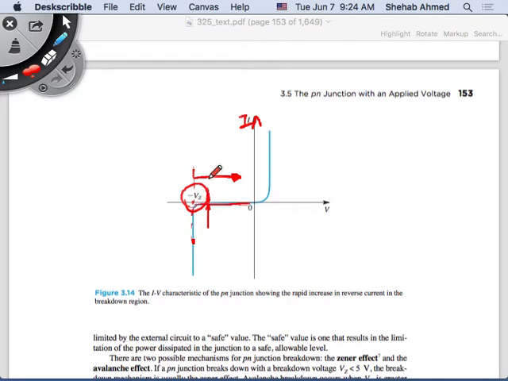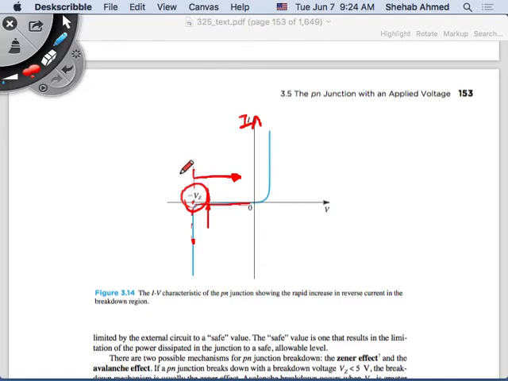Right before you reach the value of Vz, you put so much reverse electric field, you increase this barrier voltage considerably, that you are really sweeping a considerable amount of the minority carriers over. Right, so a huge amount of the minority carriers are now being moved over.